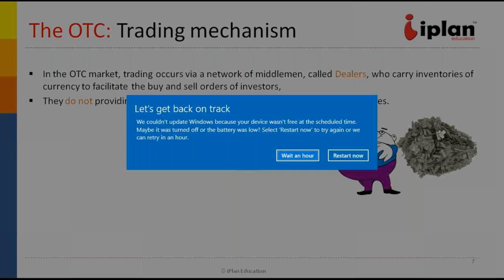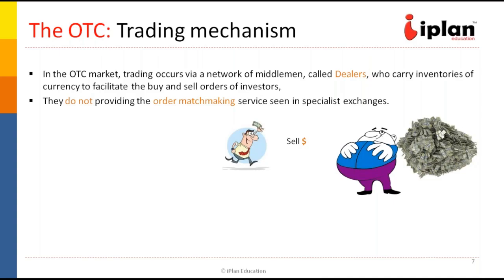So we can say that the bank is stocking foreign exchange or currencies. So foreign exchange or currencies can be treated as commodities. So if I have, let's say, $100,000 with me, that is my stock or inventory. So when there is an inventory, we can say currency is also a commodity which can be traded and exchanged. So this guy wants to sell dollars, the bank purchases the dollars.